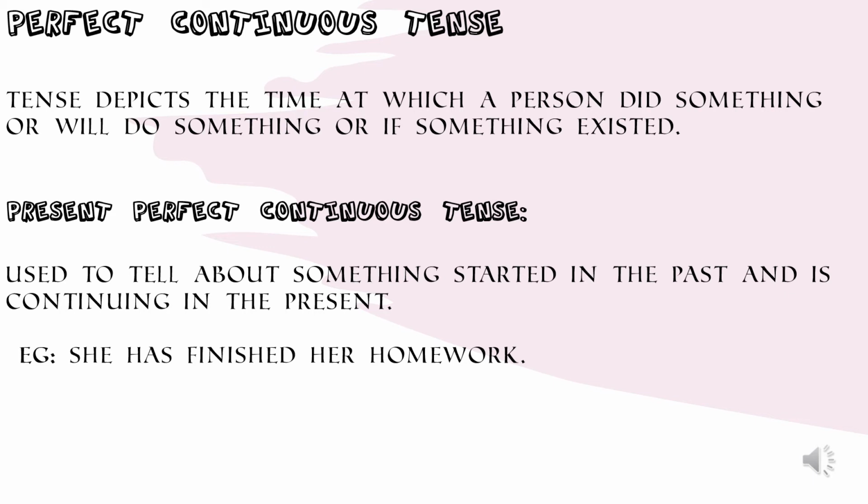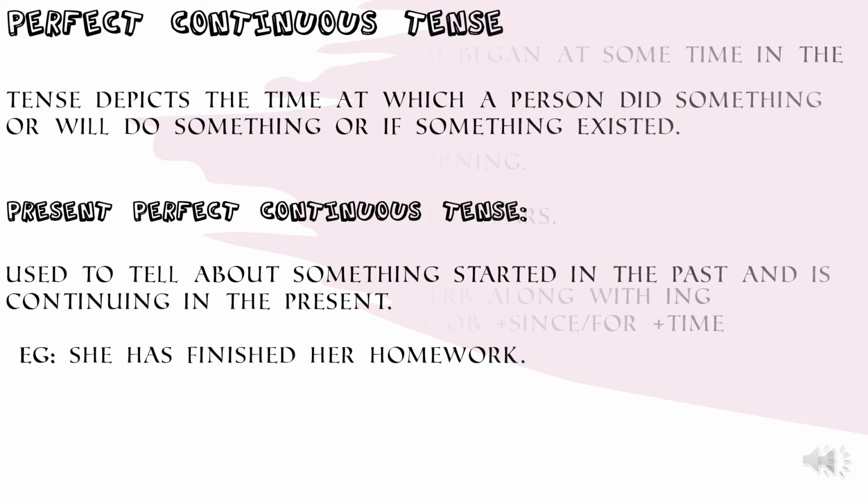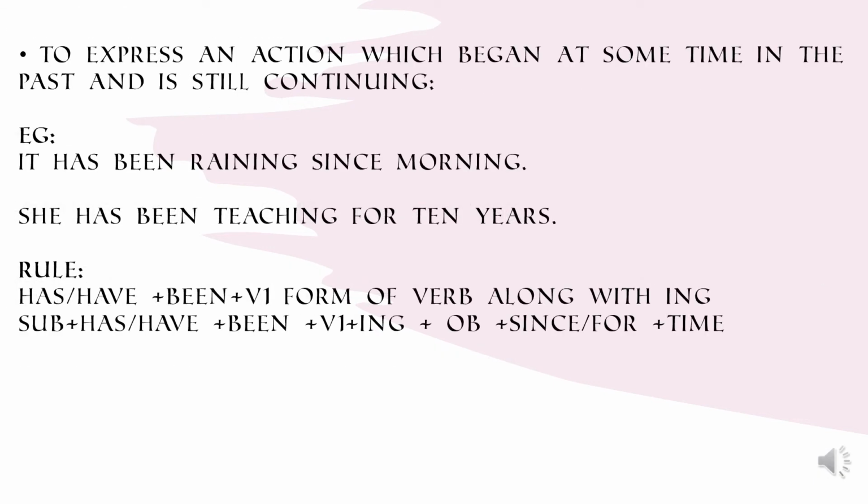Example: she has finished her homework. And to express an action which began at some time in the past and still continues. Example: it has been raining since morning. She has been teaching for 10 years.